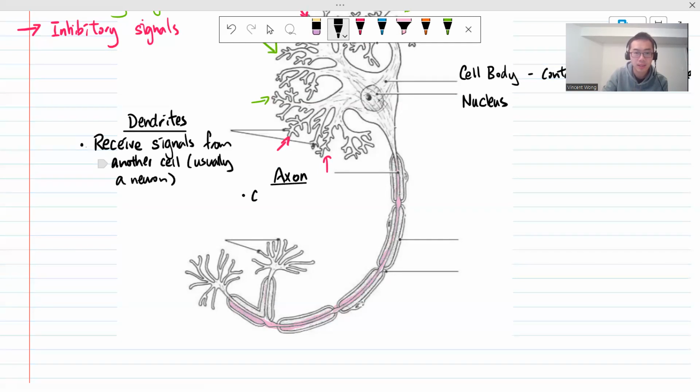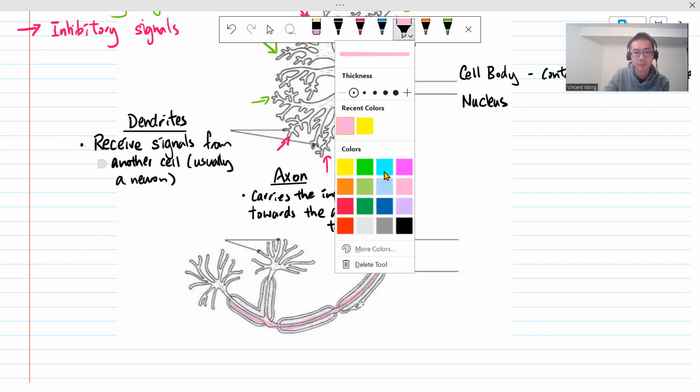So it carries the signal, the impulse, towards the axon terminal, which is right here.